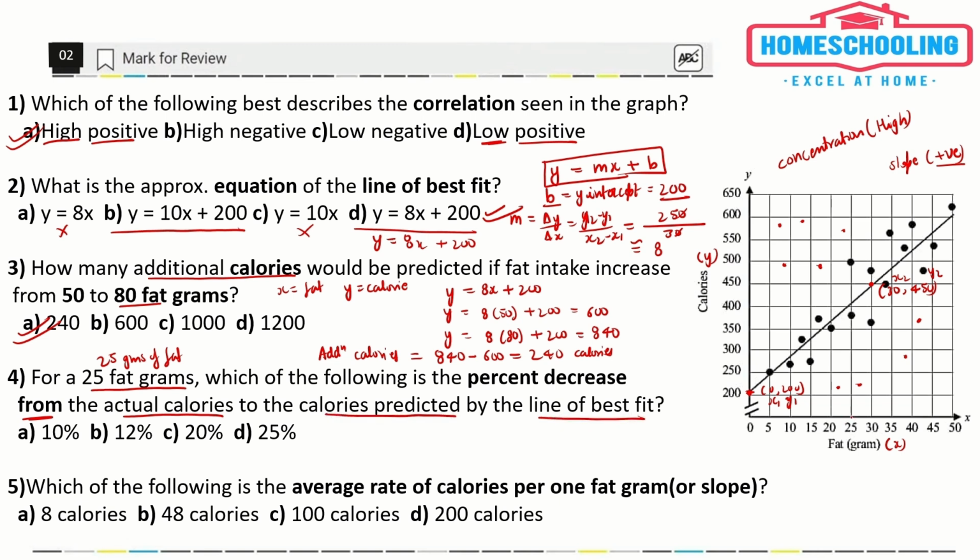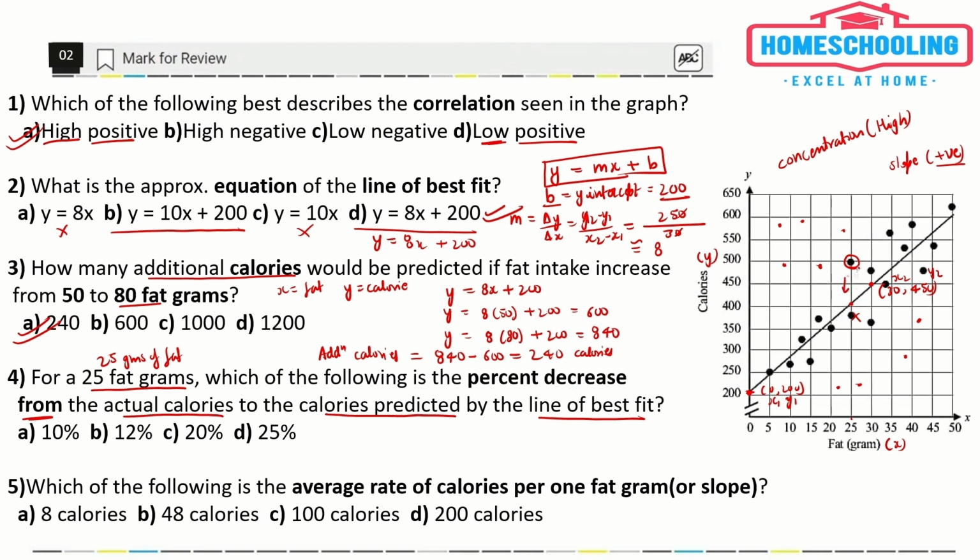So for 25 grams of fat, we have the line of best fit here, and we have two data points given here. So which one are we going to consider? Because in the question we have to find the percentage decrease from the actual calories to the calories predicted by the line of best fit, and because it's a decrease, we will consider this data point. We're not going to consider this data point because in the question we have to find the percentage decrease. So from here to here it is decreasing.